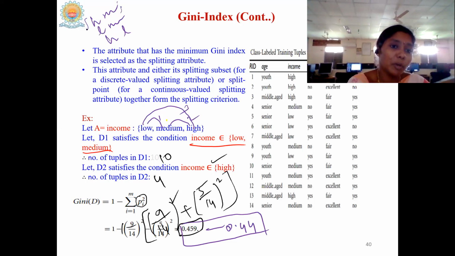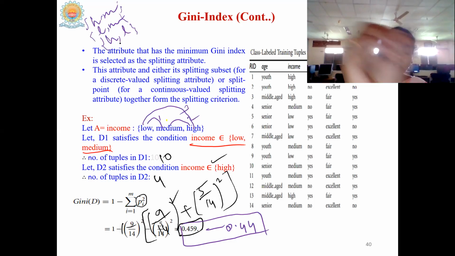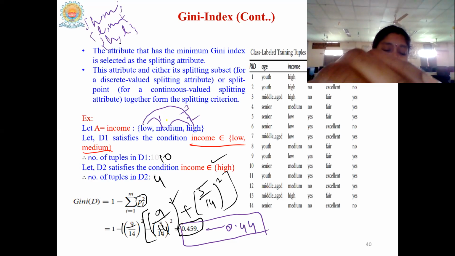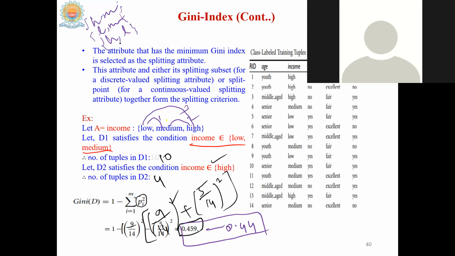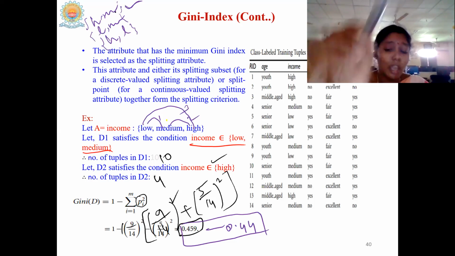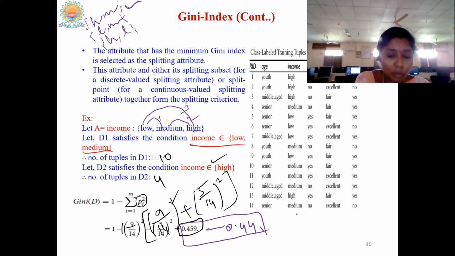So these are the three possible subsets we can have, right? And now we have calculated which subset? High medium, ma'am. So we have calculated for the high medium subset.